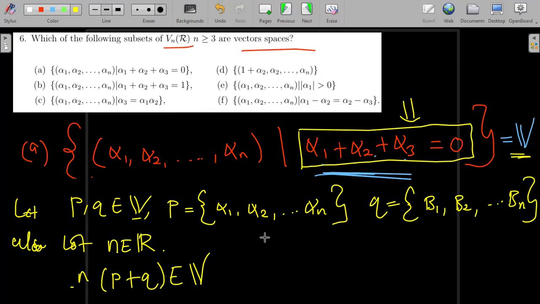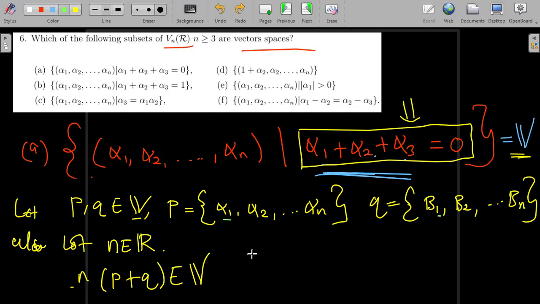So let's add them. P plus Q will be equal to what? We're just adding term by term, this plus that one. Or maybe I do it in another way. This one will be a bit complicated. We want to prove that n multiplied by P plus Q is also in this vector space.